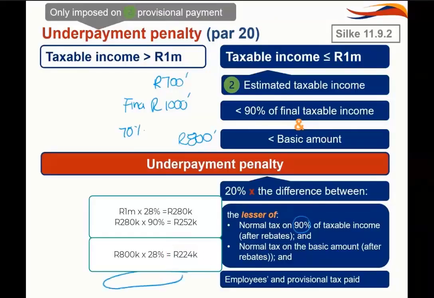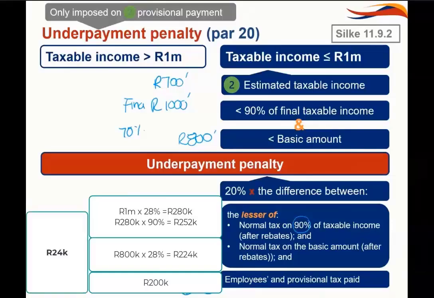And the employee's tax or provisional tax I've already paid. Okay, so this would be payment 1 and payment 2 together. So let's say I paid 200,000 in those two payments. That difference is going to be subject to a 20% penalty.